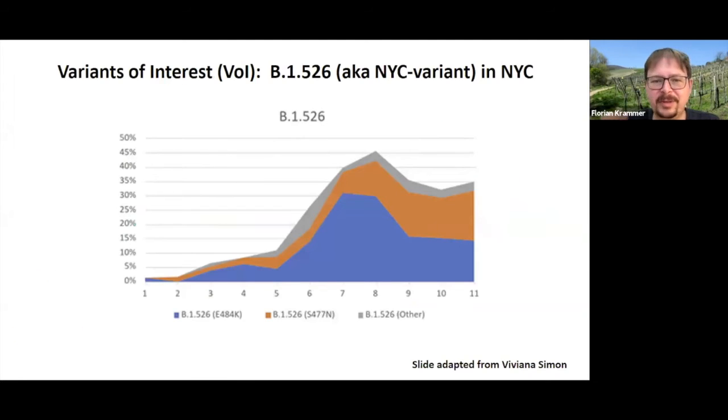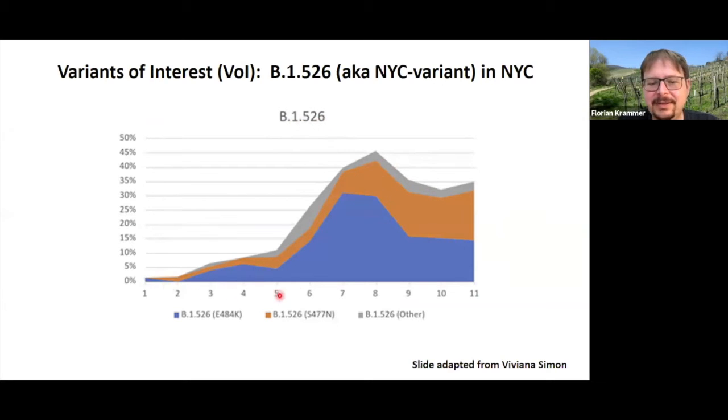And then, of course, we have our New York variant. It was a little bit disappointing because somebody from California identified this variant, and as a New Yorker and researcher working in New York, that kind of hurts. We wanted to identify it ourselves, but okay. And so what happened with that variant? It's called B1526, and it comes in 3 different flavors.